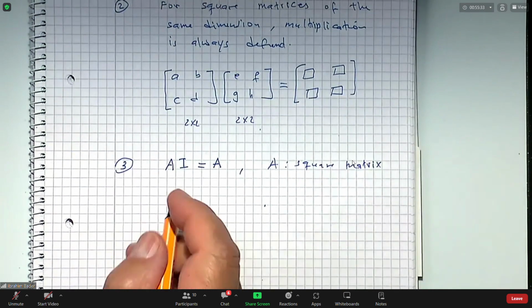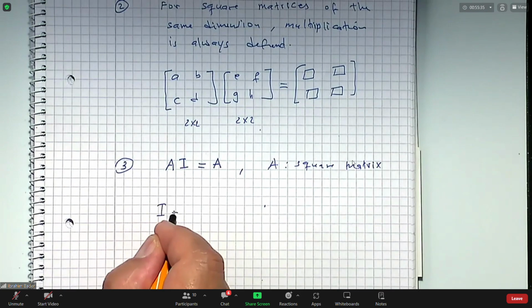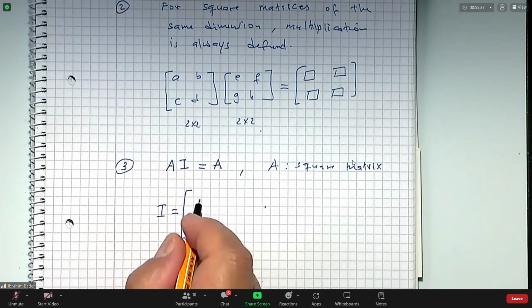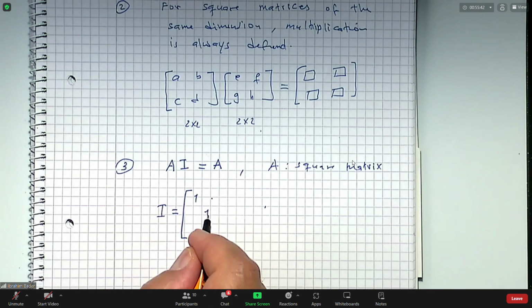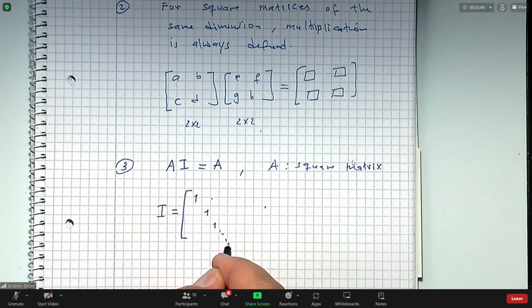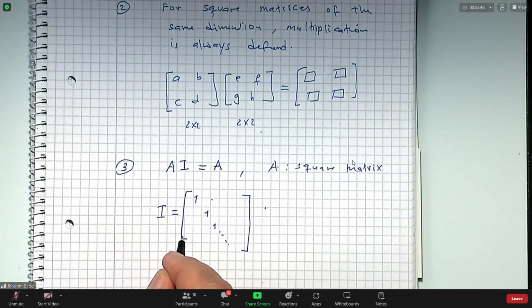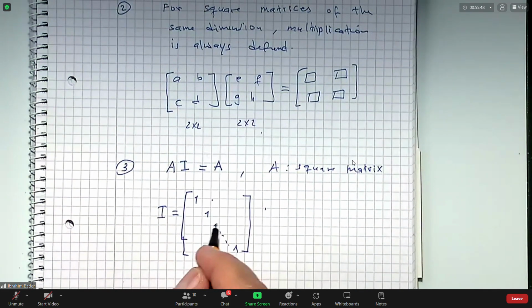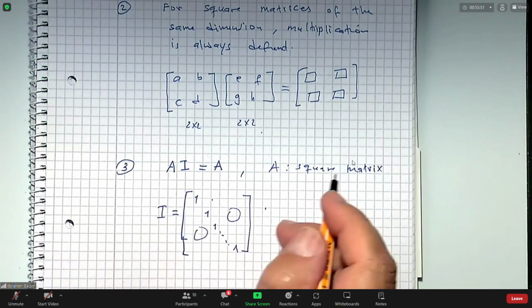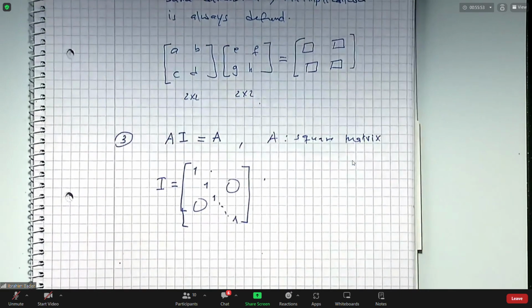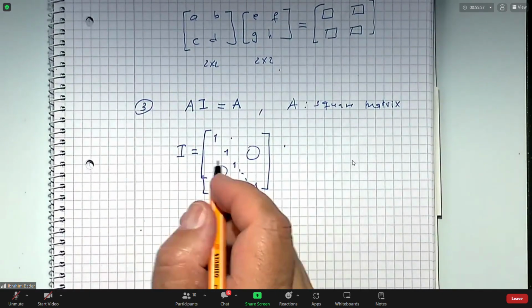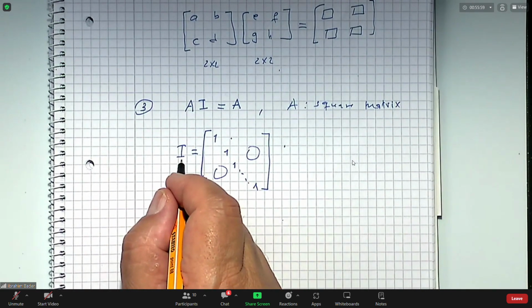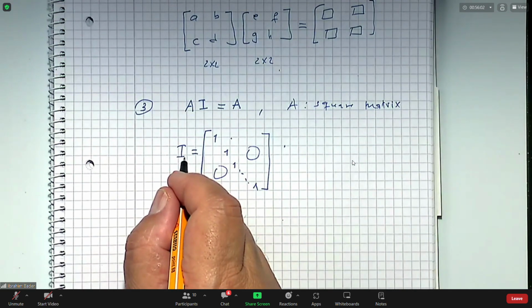Okay, so the identity in general, we defined it in the previous lecture. It's the square matrix where you have ones along the main diagonal and zeros everywhere else. Now I'm going to distinguish these identities by writing a subscript that indicates the number of rows and columns.